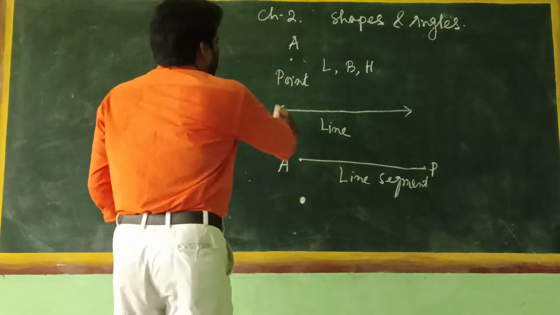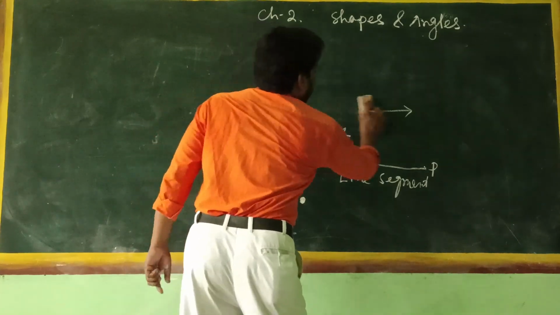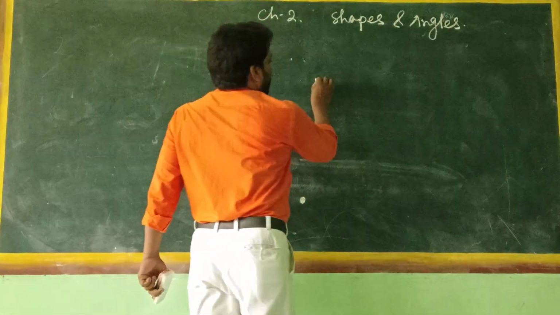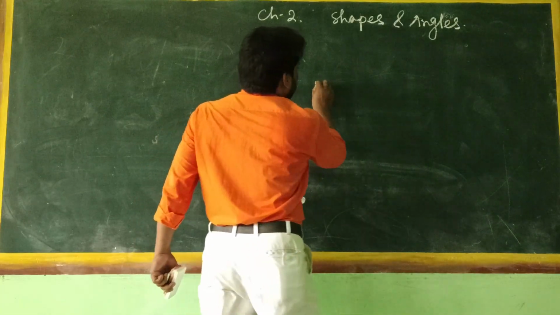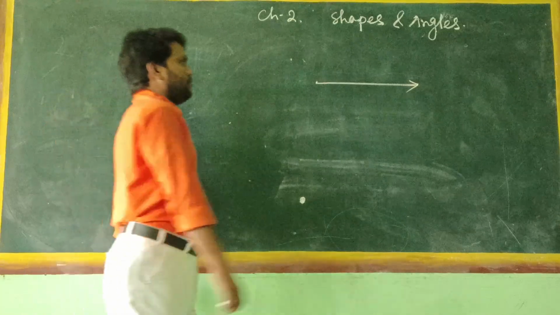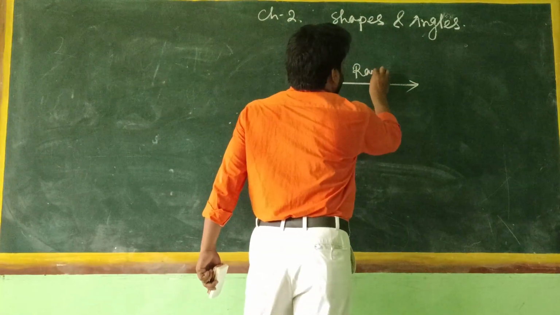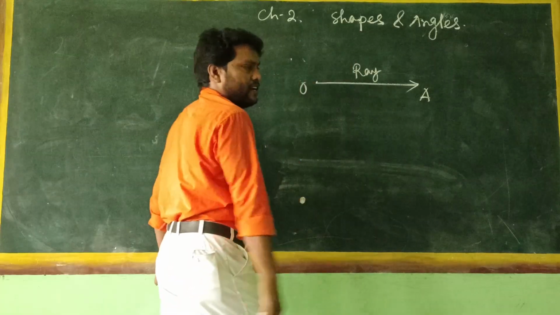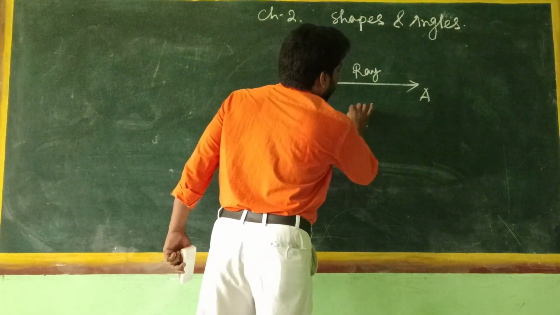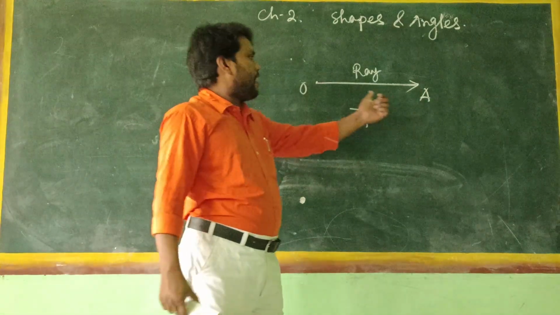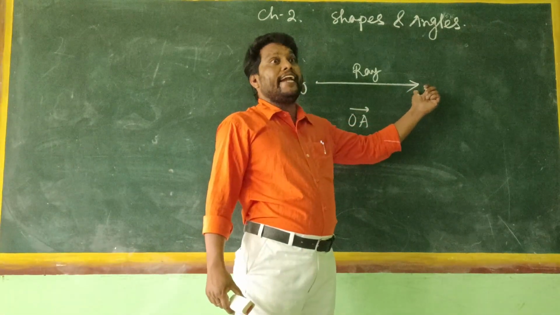Now point, line, line segment. Then suppose at first you take a point, make a line and give an arrow. That means something is going from O to A. So it is called a ray. A ray has one end point, but the other side is endless.